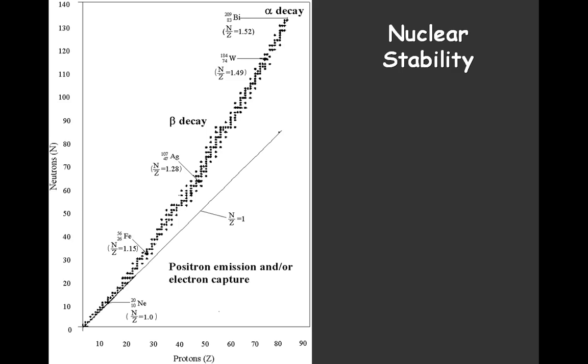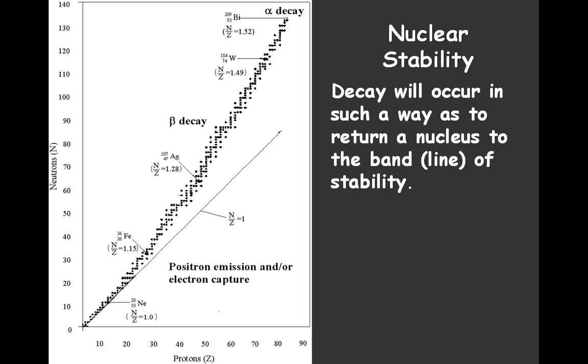Now this next slide: elements will decay if they are radioactive until they become stable. The solid line that you see in here is actually called the line of stability, and all elements in the periodic table will decay to kind of follow that line.